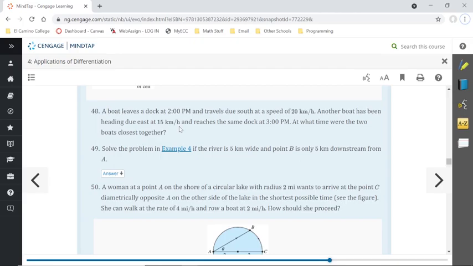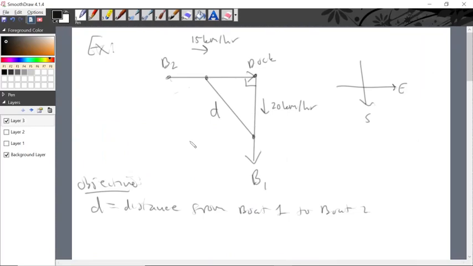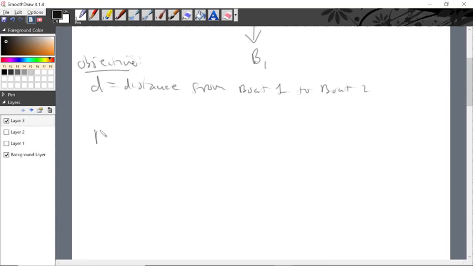So we would presume that this other boat was already traveling east at 2 p.m. because it says it has been heading east. So at 2 p.m. it was already moving at 15 kilometers per hour, and it ends up reaching the dock at 3 p.m.